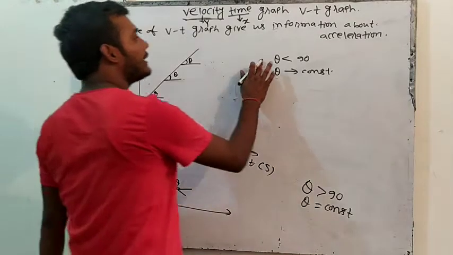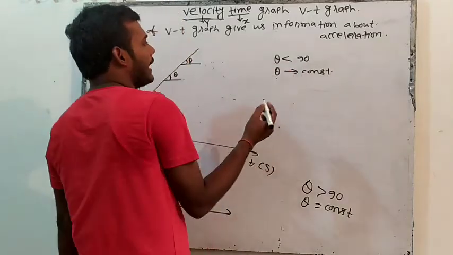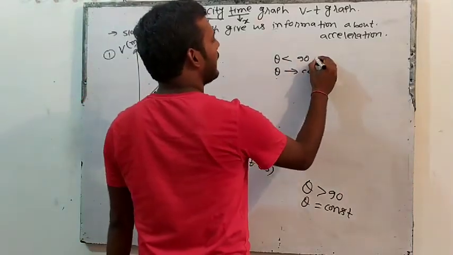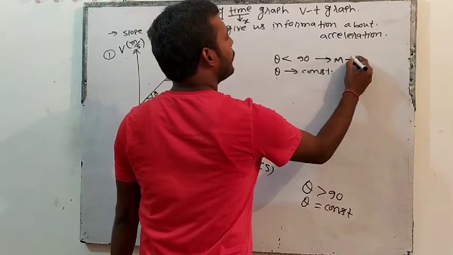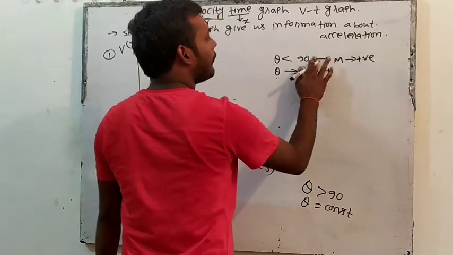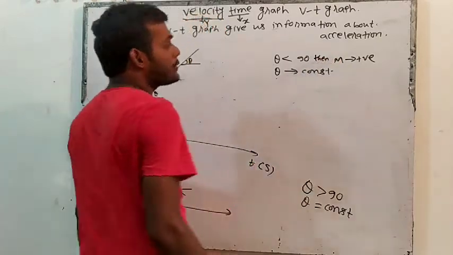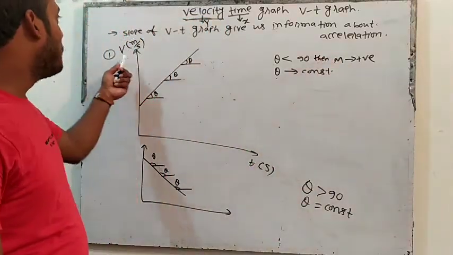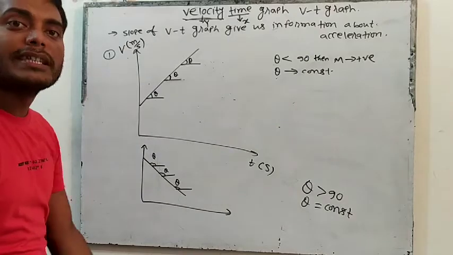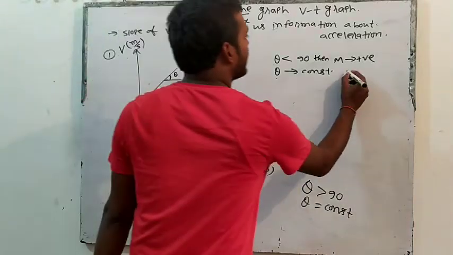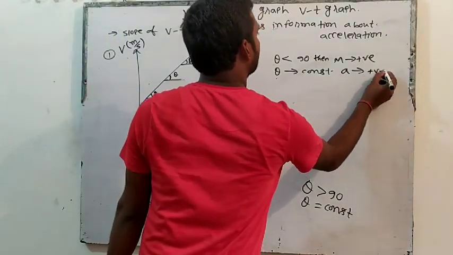So here theta is less than 90. If theta is less than 90, I told you that slope will be positive. If slope is positive, then as the velocity time graph slope gives us information about acceleration, here acceleration will also be positive.